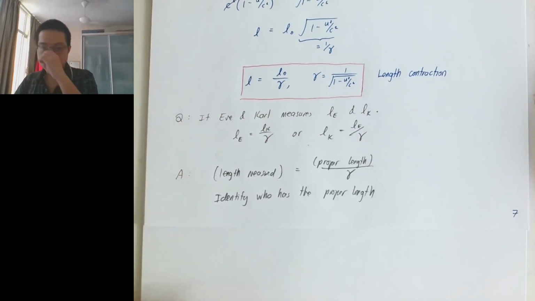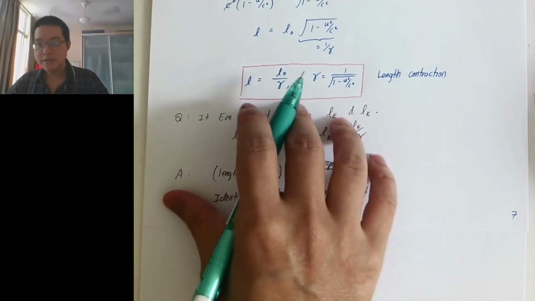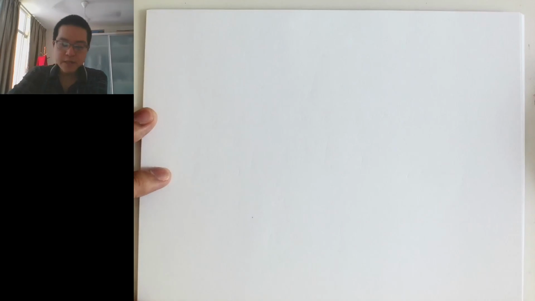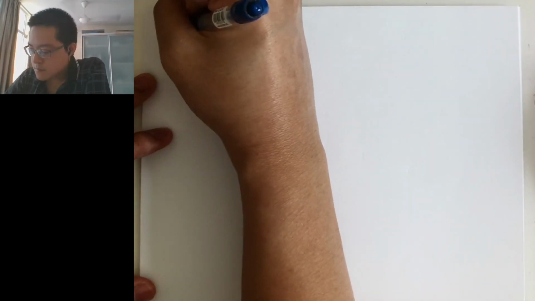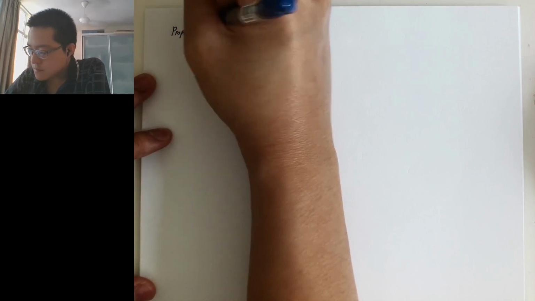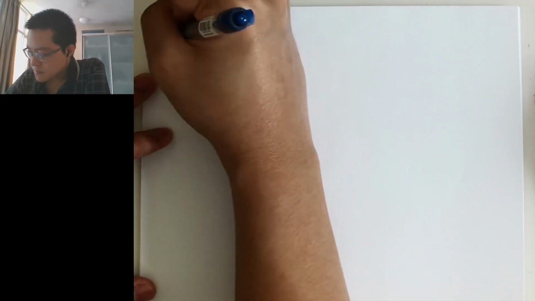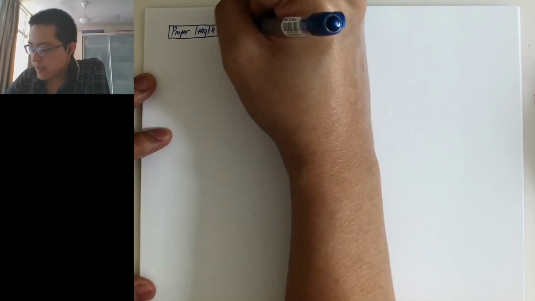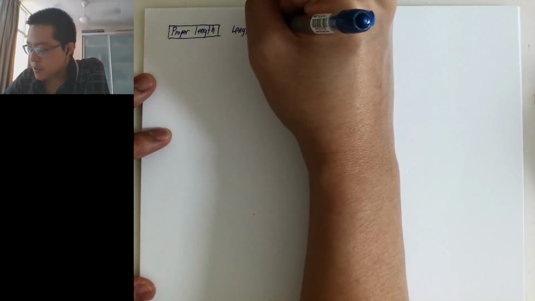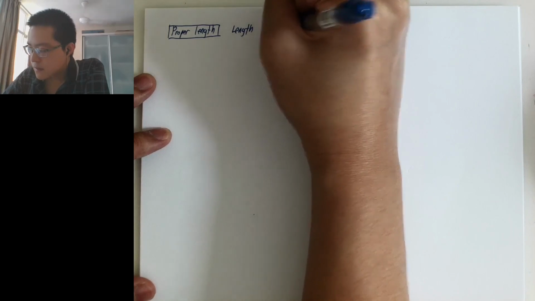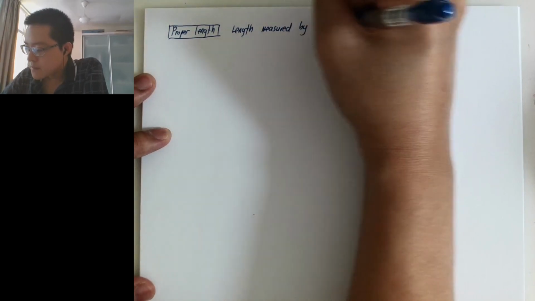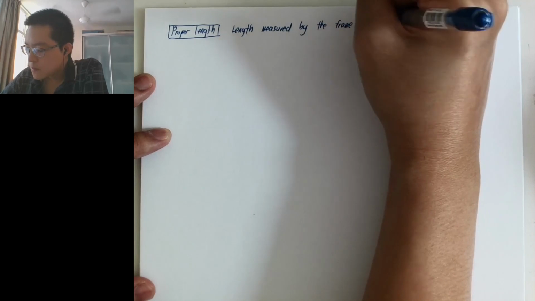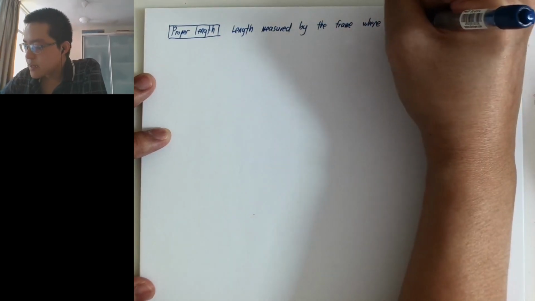Let me now define what the proper length is. The proper length is the length measured by the frame where the object is at rest.